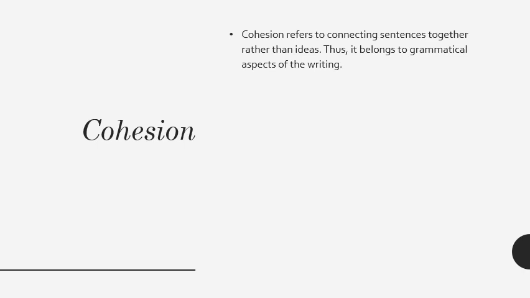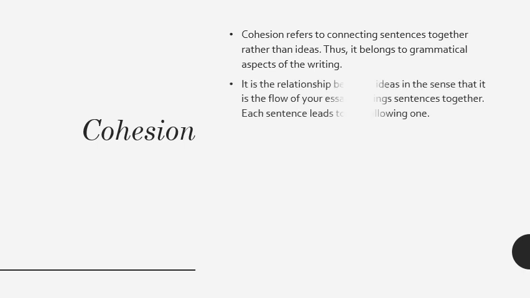Again, cohesion is meant for grammatical aspects of the writing, not any other things. I mean the relationships between the sentences. So it is the relationship between ideas in the sense that it is the flow of your essay. It brings sentences together. Each sentence leads to the following one.